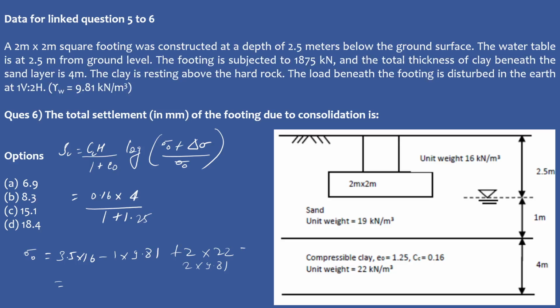So if we calculate this, 3.5 into 16 plus 2 into 22 minus 9.81, also minus 2 into 9.8, your sigma naught is 70.57, right? Okay, here it is 19.19. Okay, so we need to reevaluate this.